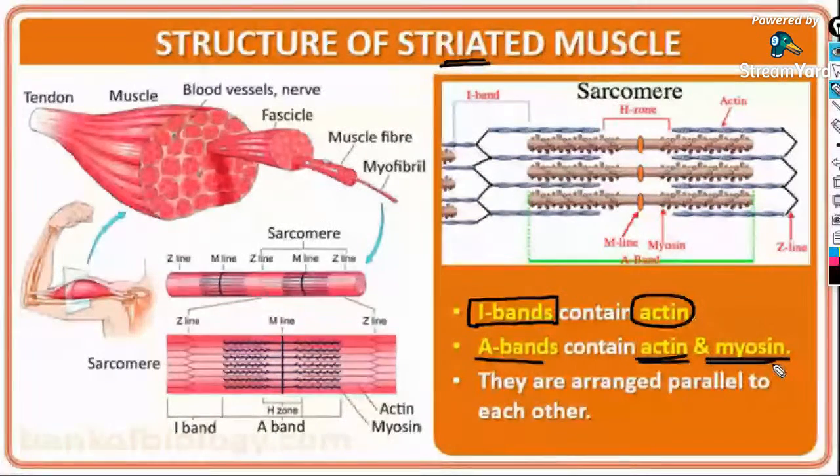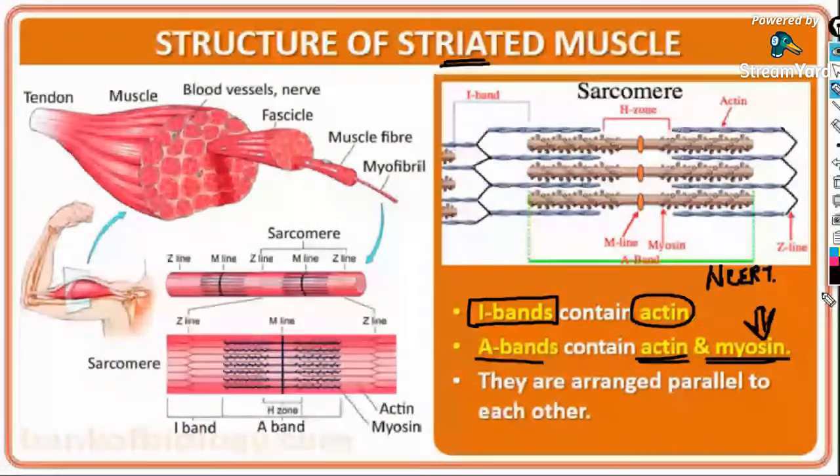So the light band consists of actin, the thin filaments, and is called the I band, the isotropic band, and the dark band consists of both actin filament and myosin filament. Mostly it consists of myosin. According to your NCERT, it demands that. So if a question like that comes, you can write myosin.